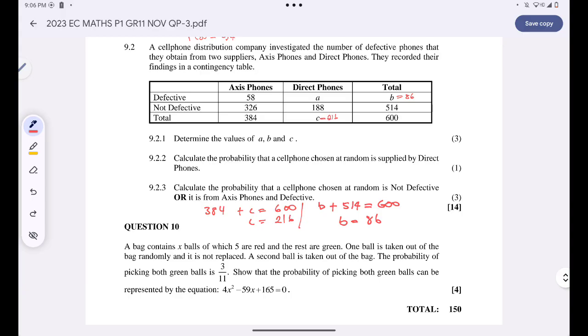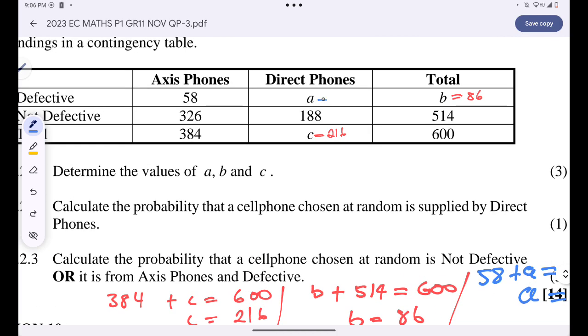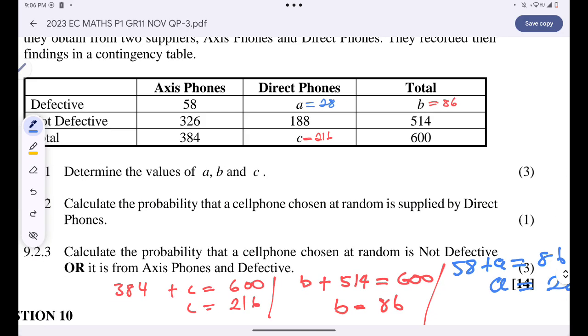And then for me to find A, I'll just say 58 plus A is equal to 86. Therefore, A is equal to 86 minus 58. This will give me 28. So the value of A is just 28.